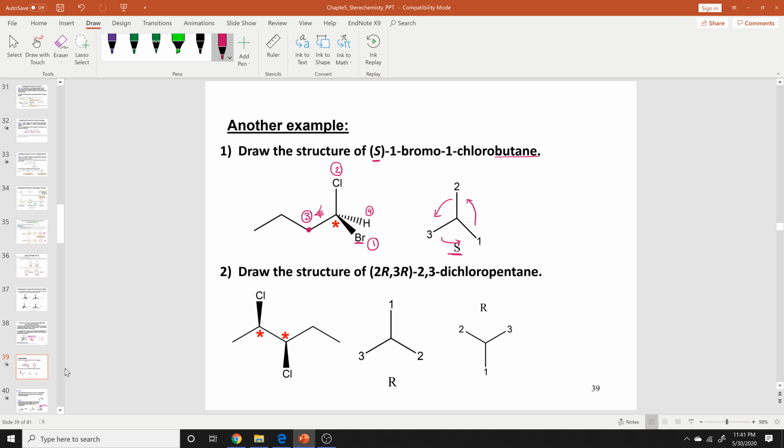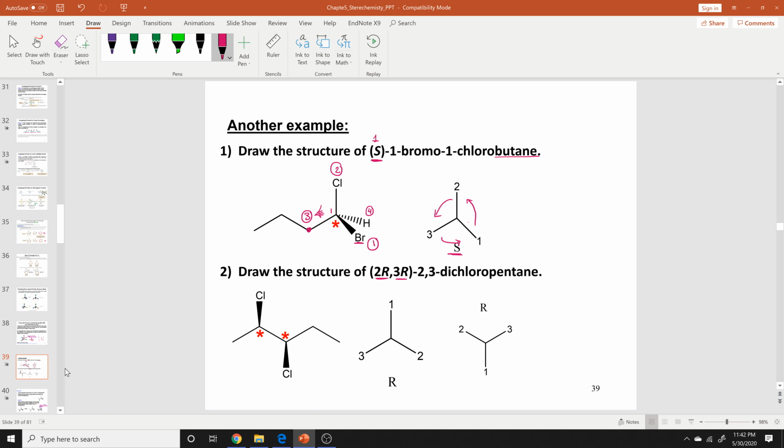Draw the structure of 2R, 3R. Now, this means that I have 2 chiral centers. When I have one configuration, it means that I have one chiral center. And notice here, because the chiral center is on carbon number 1 in the structure, I did not have to label it as 1S over there.